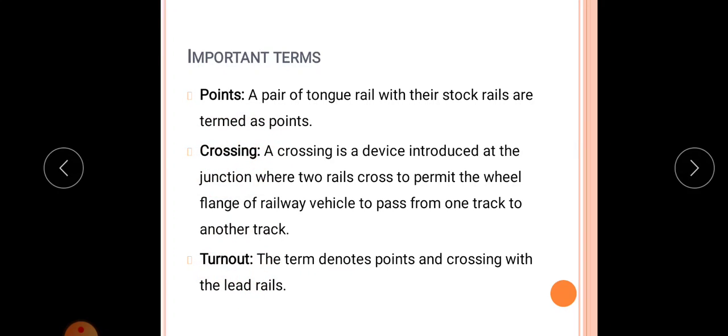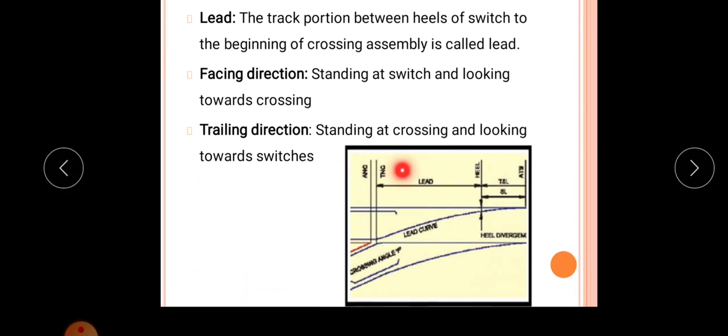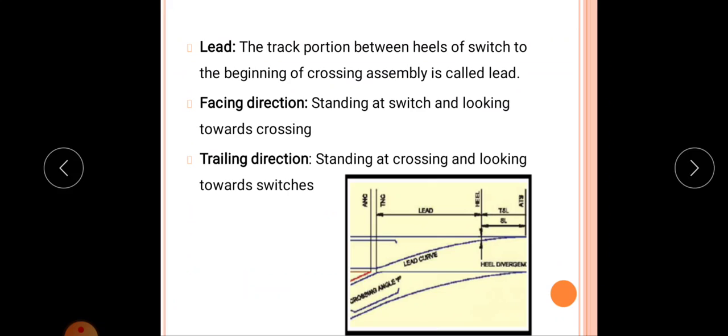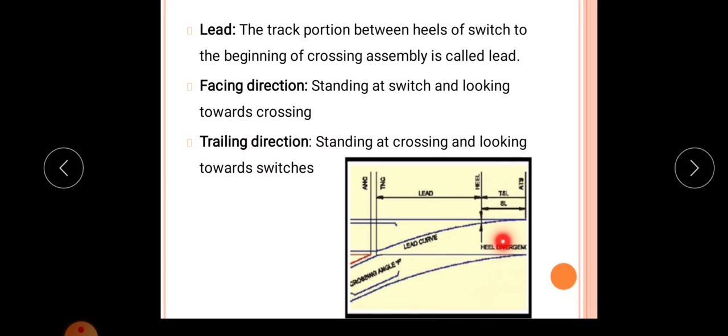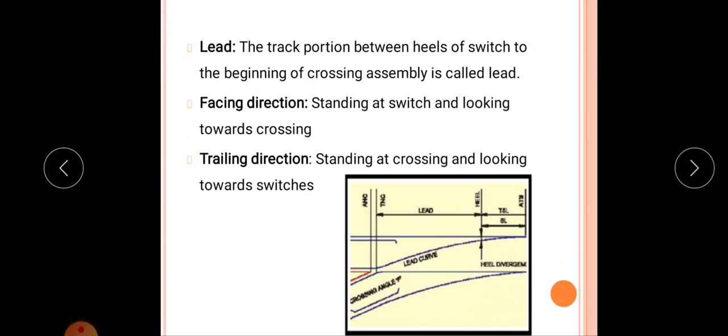And turnout denotes points and crossings with the lead rails, that is, the combination of points and crossing with a lead rail is known as a turnout. In this figure, this whole system is known as a turnout. This portion is points or switches, this is the crossing, and this is known as the lead.